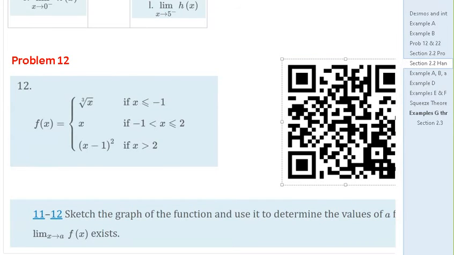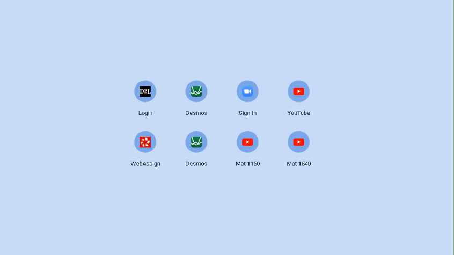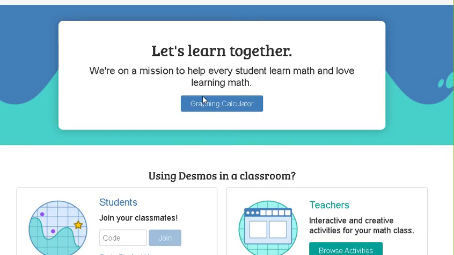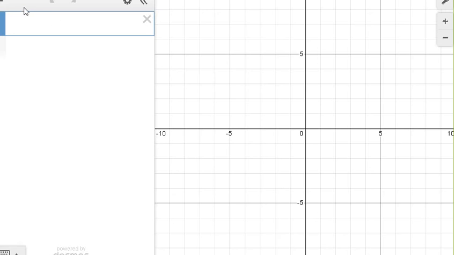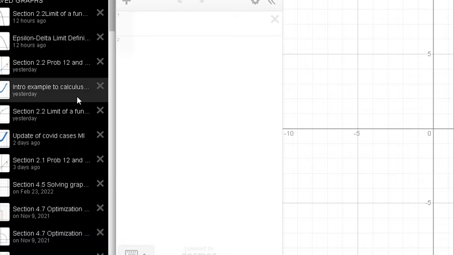All right, just have to do it this way. Problem 2.2.